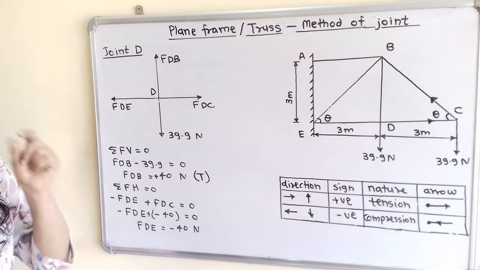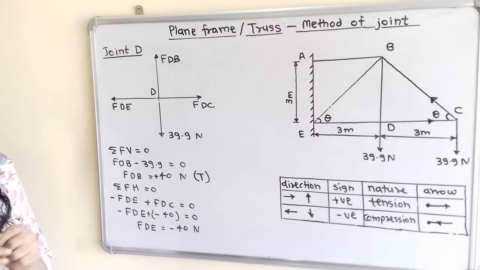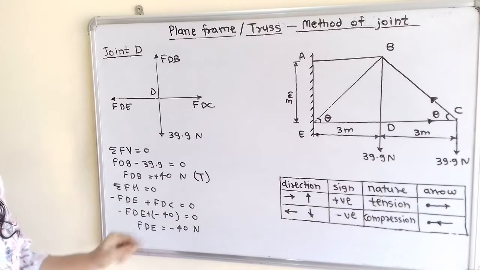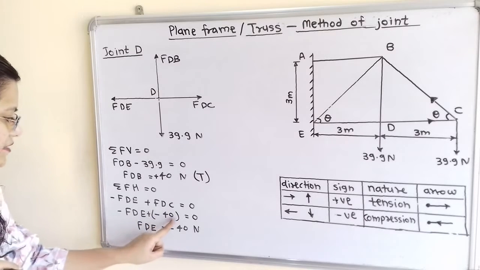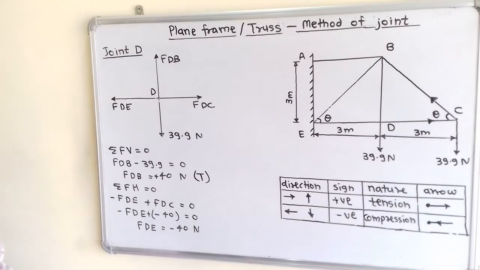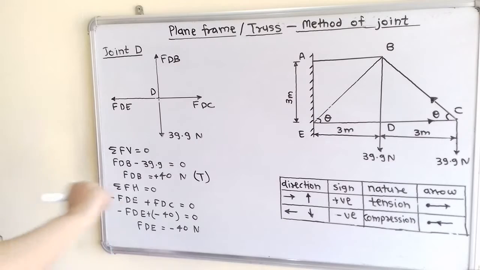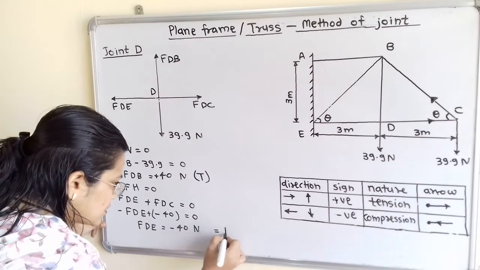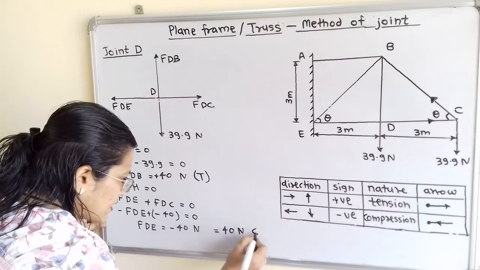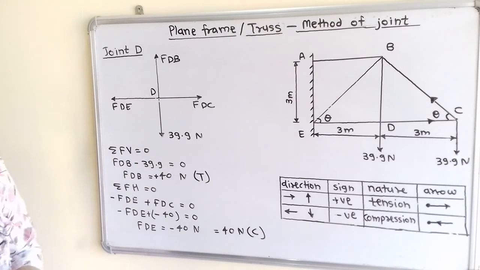FDC has a negative magnitude, so we have to take it as it is. So we take minus 40, and this is equal to 0. When we solve this, we get FDE equal to minus 40 Newton. We can write this in another way, as plus 40 Newton, and the nature is compression.